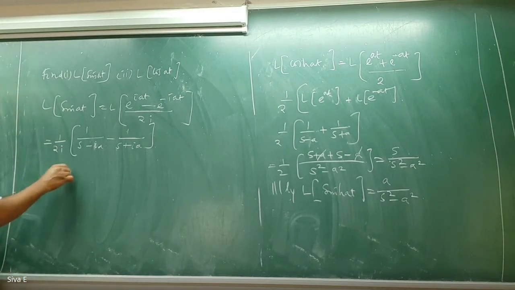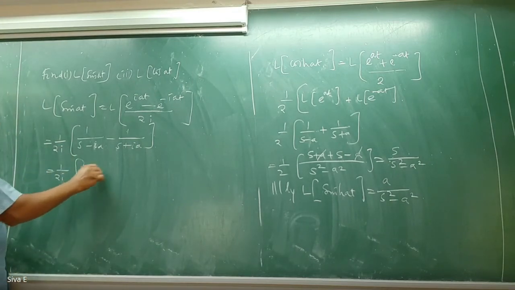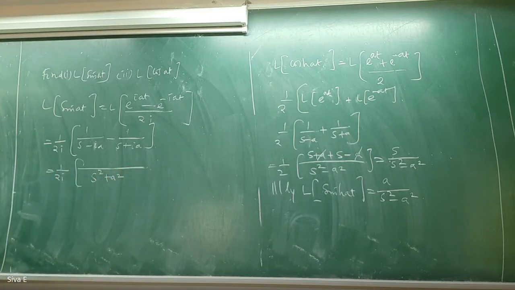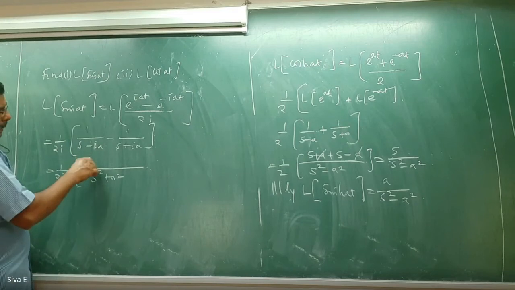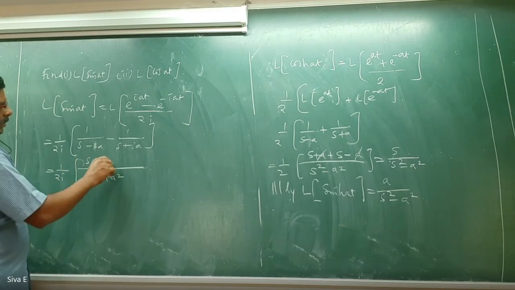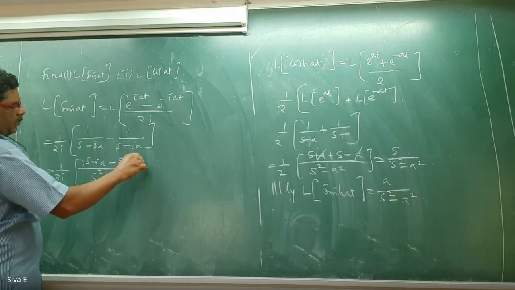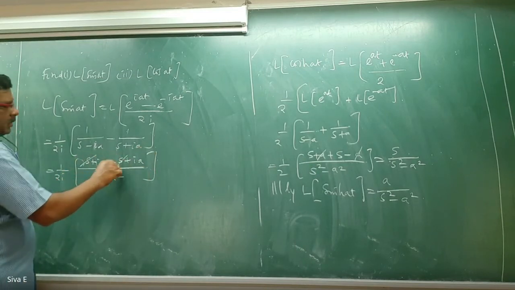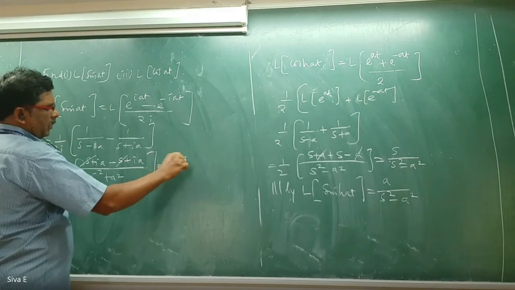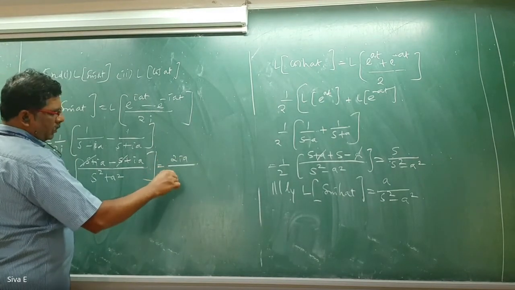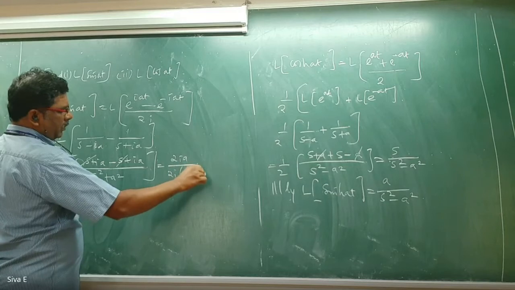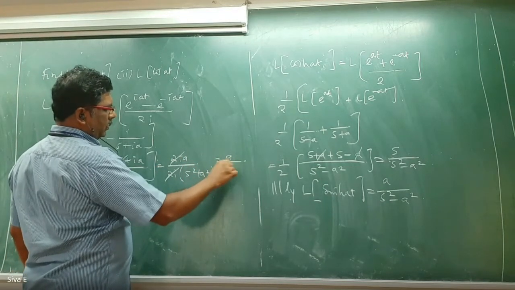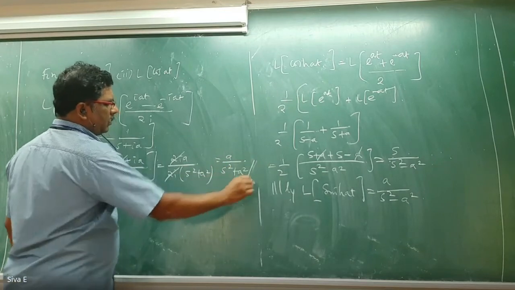Taking the LCM s square plus a square: (s plus ia) minus (s minus ia). The s's get cancelled, then we get 2ia by 2i (s square plus a square). The 2i get cancelled: a by s square plus a square.